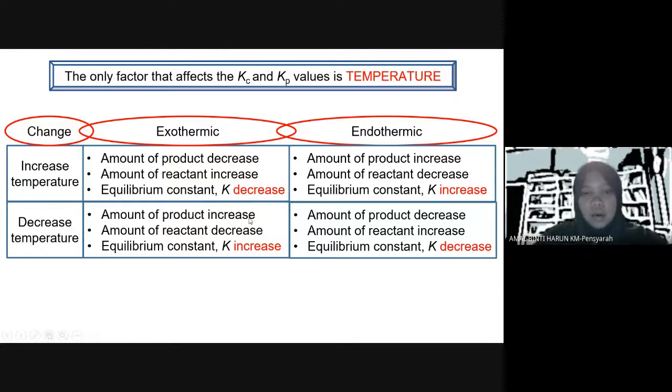Okay, kalau you tak nak tengok macam tu, you tengok macam tadilah. Kalau increase temperature untuk exothermic dan endothermic, tengok dia pergi ke arah mana. Kalau dia pergi ke arah exothermic ke kanan, amount of reactant increase, K decrease.